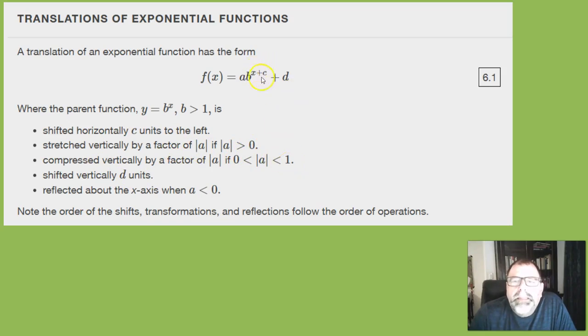The plus c shifts it to the left if it's positive, and to the right if it's negative, right? So you do the opposite sign. And then d shifts it vertically d units. So if d is positive, it shifts it up. If it's negative, it shifts it down. And then if a is a negative number, it flips it over.